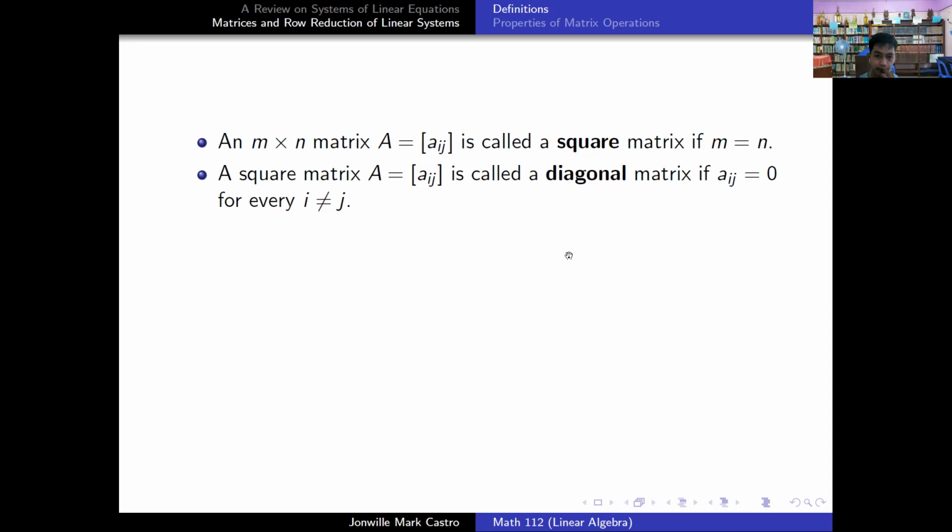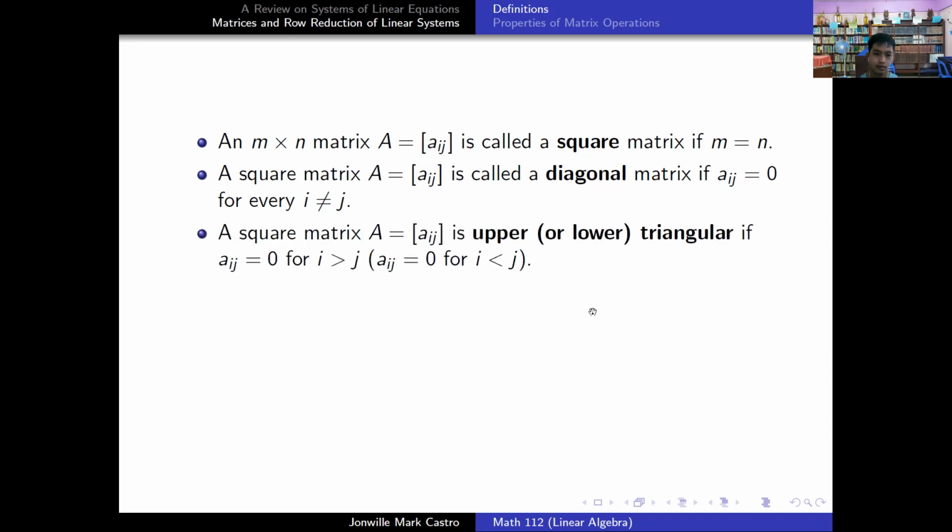So, sinasabi lang yan, diagonal matrix kapag ang entries lang ng matrix mo yung sa diagonal niya, yung main diagonal niya, yung may entries siya tapos yung mga other entries natin ay 0. So, magkakaroon lang ng non-zero entries ay yung sa main diagonal.